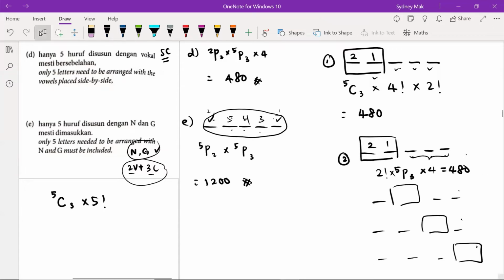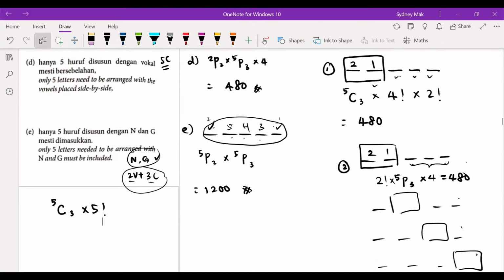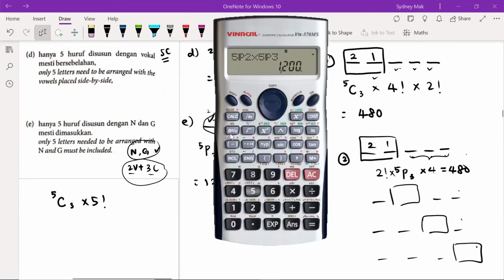Let's check with the calculator, see whether we get the same answer. So 5C3 times 5 factorial. We got the same answer, 1,200.